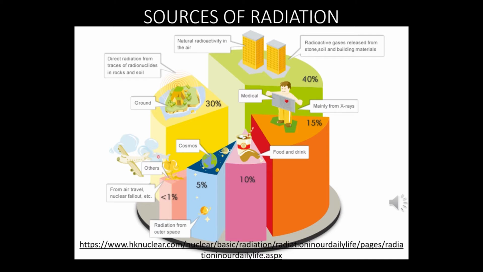As you can see, the medical portion of which there is radiation exposure accounts for approximately 15% and is mainly from X-rays. 10% is from food and drink, 5% from the cosmos, 1% from air travel and nuclear fallout, approximately 30% from the ground, direct radiation from traces of radionuclides in the rock and soil, natural radioactivity in the air, and radioactive gases released from stone, soil, and building materials.